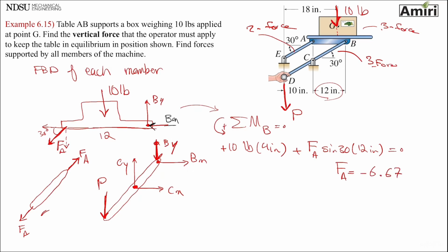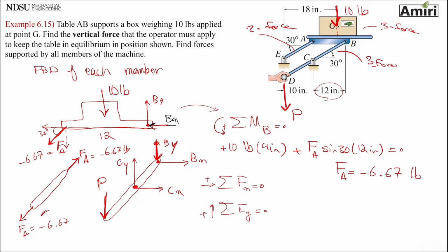That means it was actually in compression. So this one is minus 6.67 pounds. All right, and then, since we're at this free body diagram, let's write sigma Fx equals 0, sigma Fy equals 0.